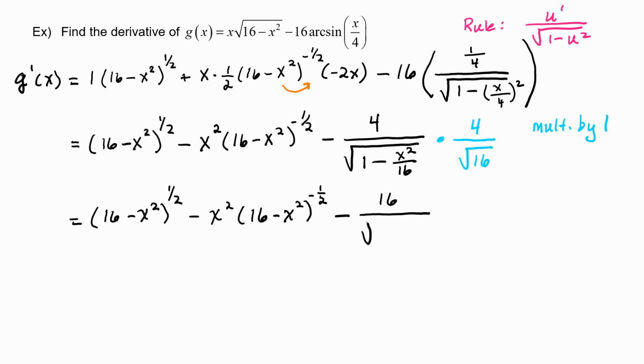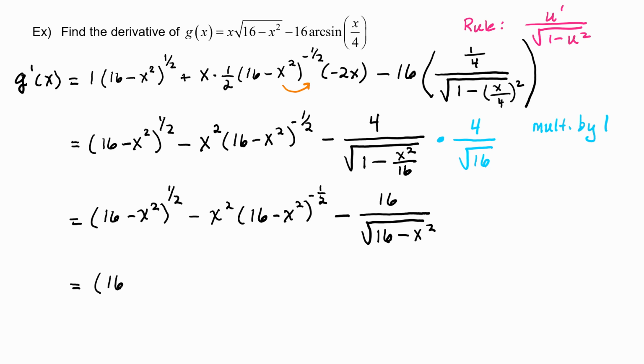In the denominator, underneath the radical, we have 16 times 1, which is 16, and then 16 times a negative x squared over 16 means we're subtracting x squared. Let's continue to simplify.